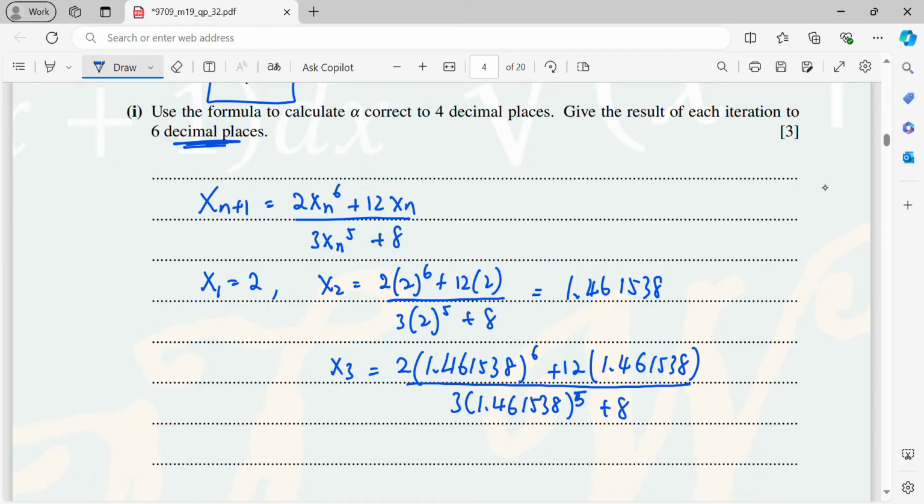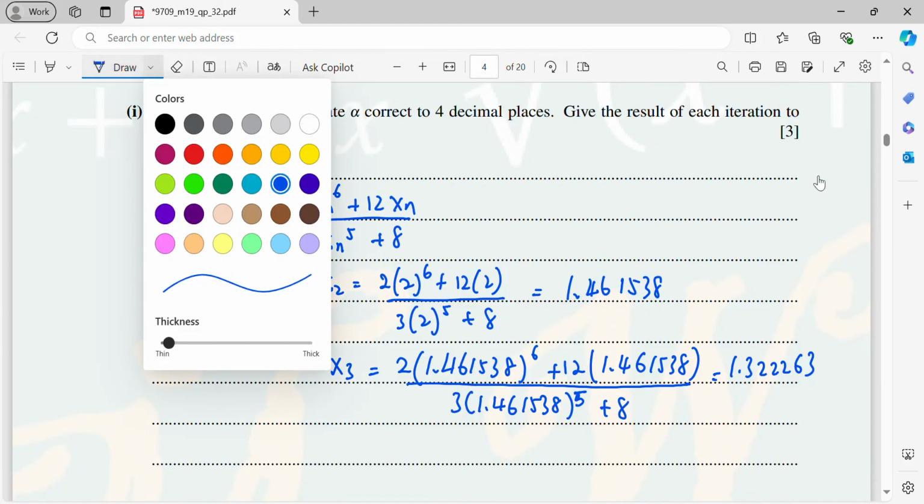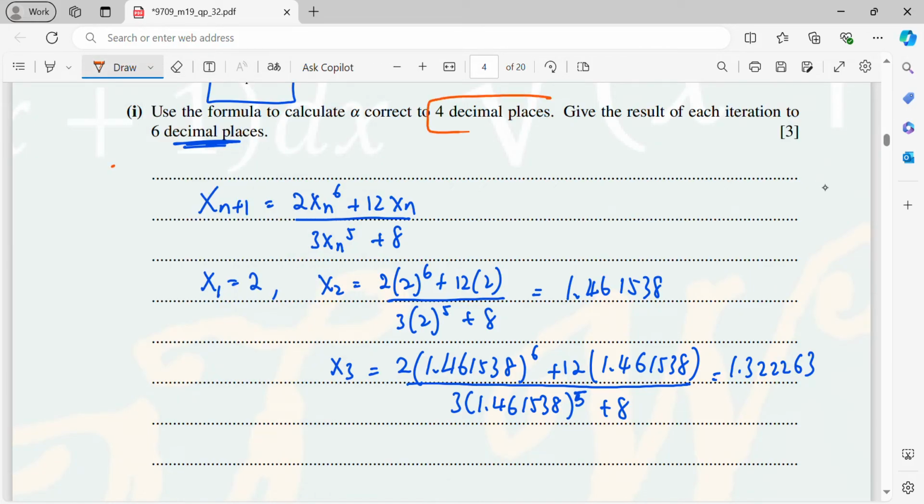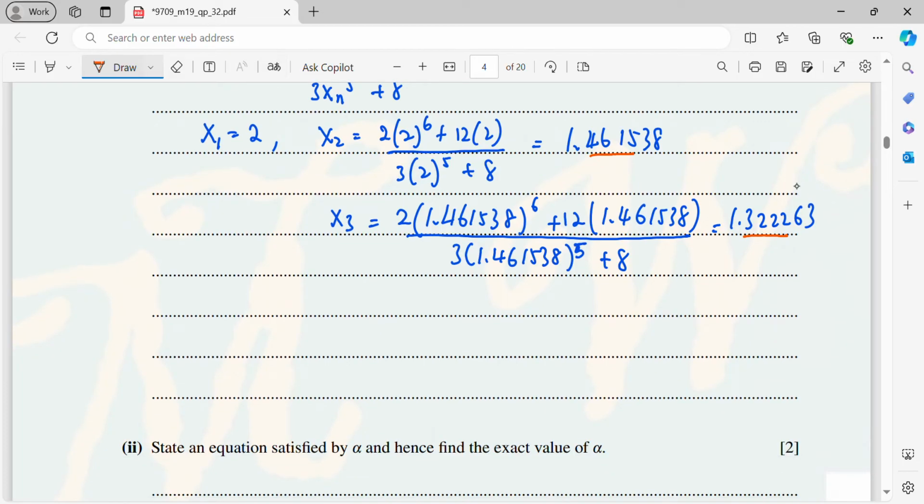Then plus 8. And this is going to be 1.32263. Okay, so now look at here. The answer to 4 decimal places, we should get the same 4 decimal places. So obviously they are not the same, therefore we need to continue for the next calculation.